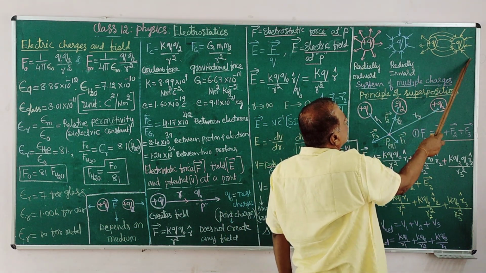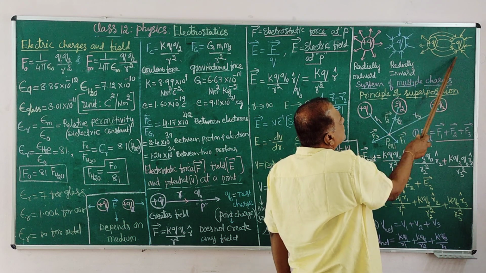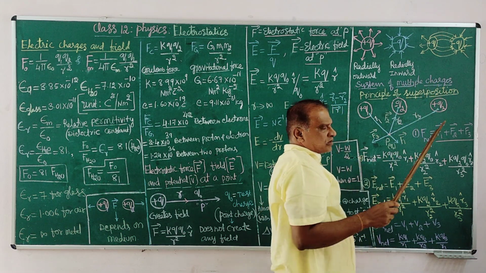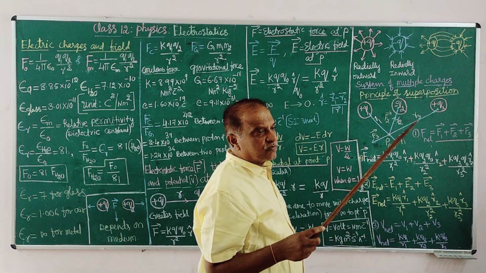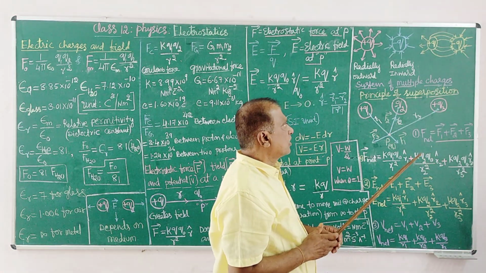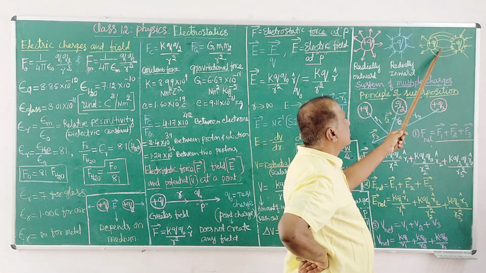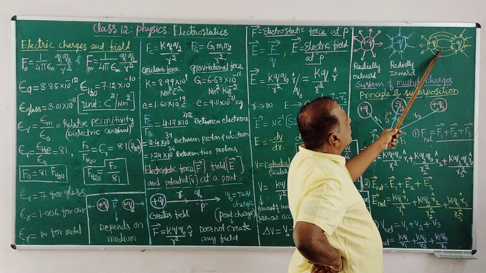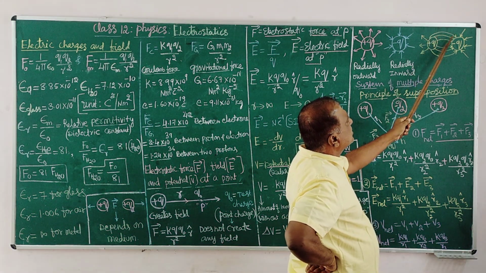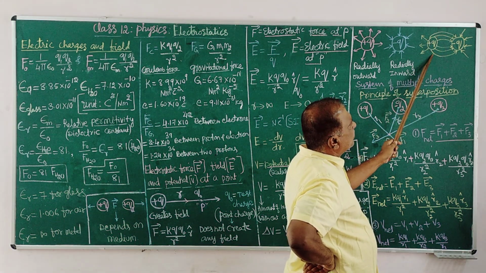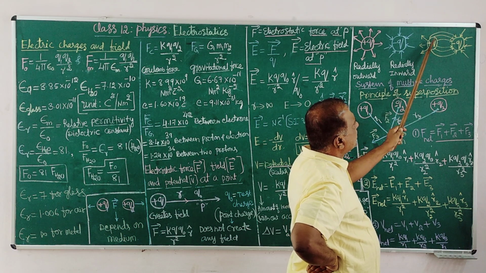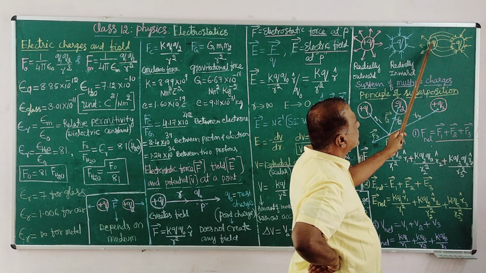The space is filled with electric field like this. We can't see it, but we can feel it. We sense the electric field by using an instrument. That is the pattern of electric lines of force commencing from plus q and ending at minus q.